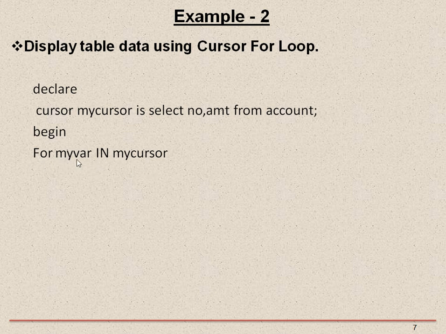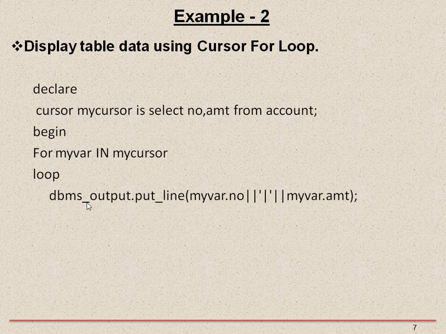So here FOR, I is your variable name, in my_cursor, this is the cursor name, and LOOP, and this is a printing statement. This variable dot field name, table field name, you remember that thing. This is the variable name, and this is the field name, so dot field name, and in the same way your variable name dot amount.